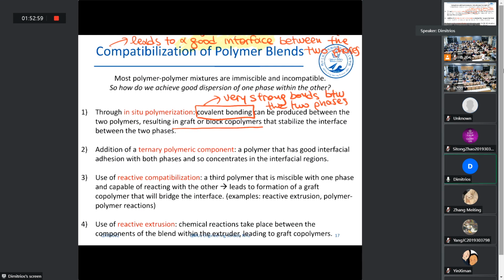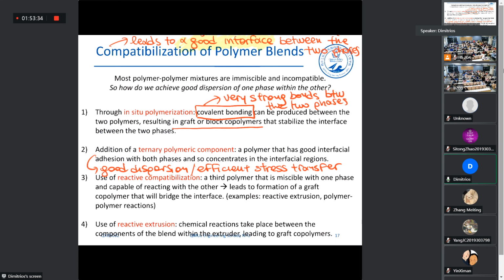Okay, so in this case, when we add a third polymeric component in there, a polymer that has good interfacial adhesion with both phases and concentrates in the interfacial regions, what we do is achieve good dispersion and we also lead to efficient stress transfer. Okay.